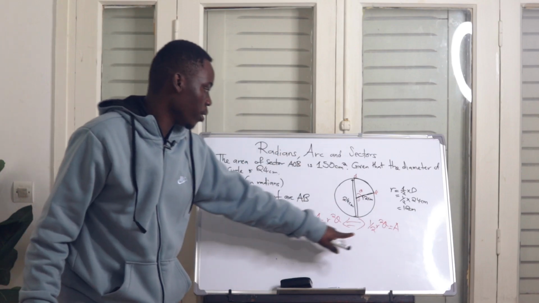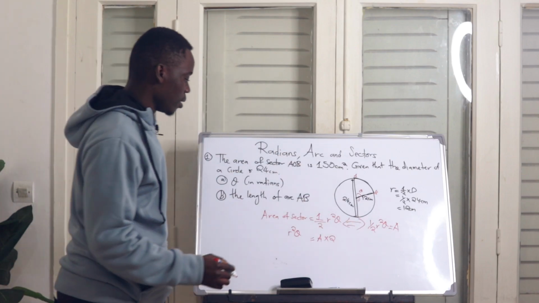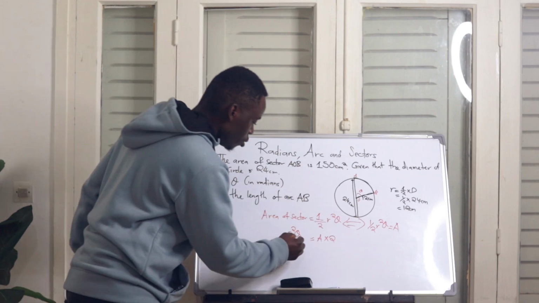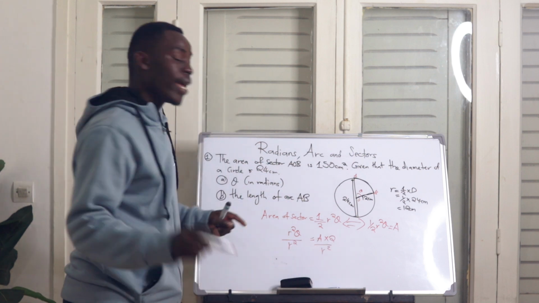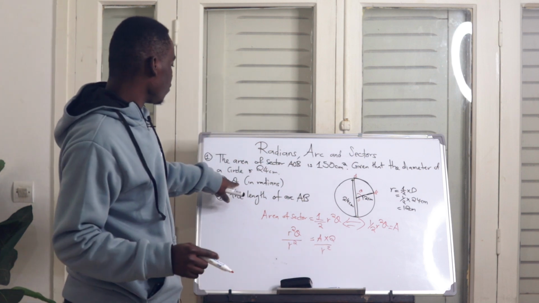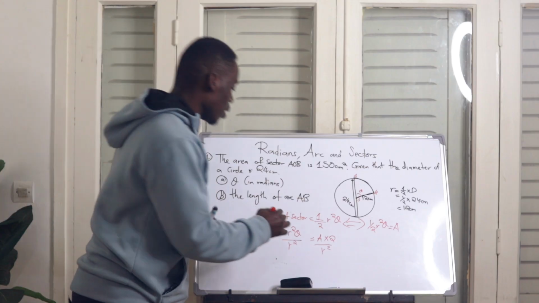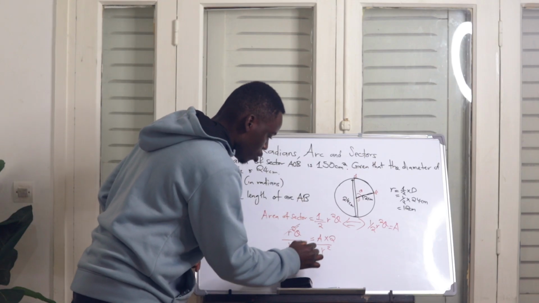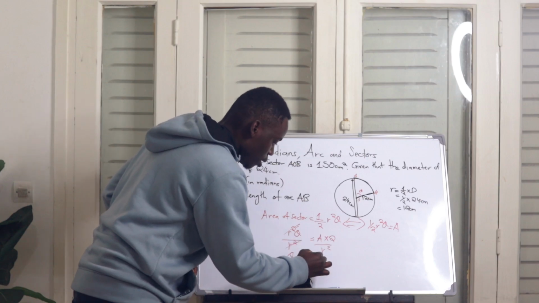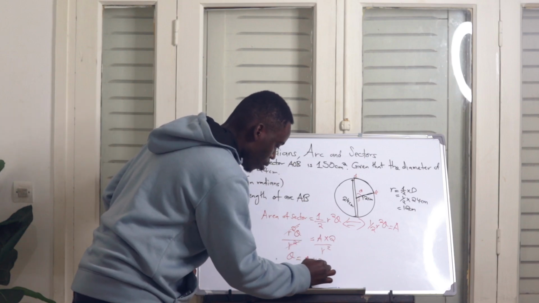That's exactly what I've done, and I've remained with r squared theta. So here, we're going to divide by r squared, because our aim is to calculate theta. So this will cancel, this will cancel. Our theta is equal to A times 2 over r squared.